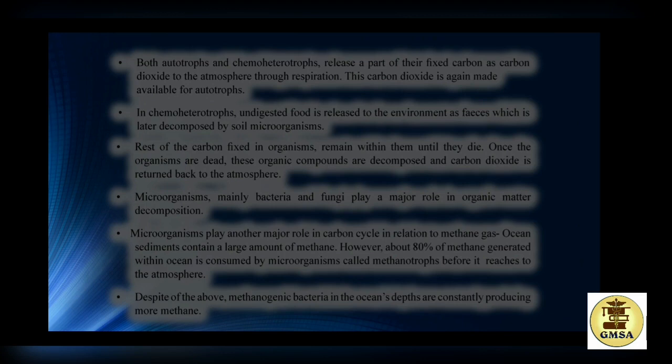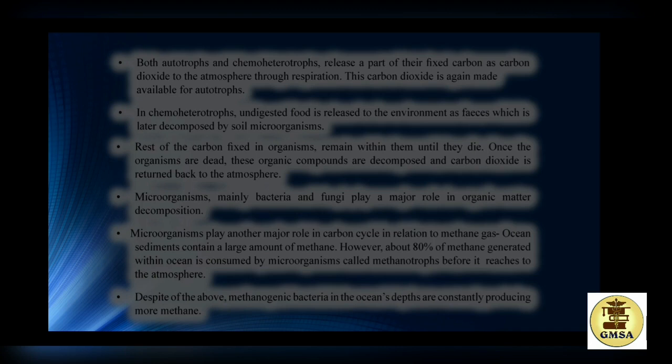In chemoheterotrophs, undigested food is released to the environment as feces, which is later decomposed by soil microorganisms. This part of the food or organic matter taken in by consumers cannot be broken down or digested within the bodies of the organisms due to the lack of enzymes to digest those components.